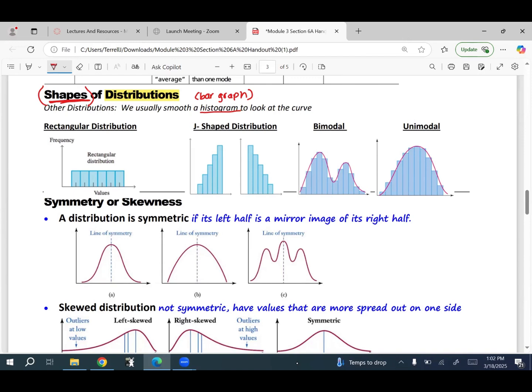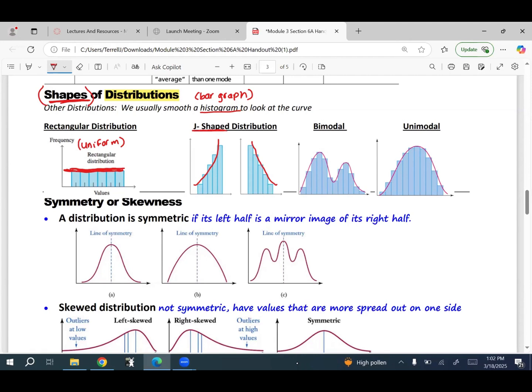Notice here is my shape. If I were to draw a curve or a line to represent this, we call this rectangular or uniform distribution. And then next to that, again, this is what that curve would look like, or it can look this way. This is called J-shaped distribution.